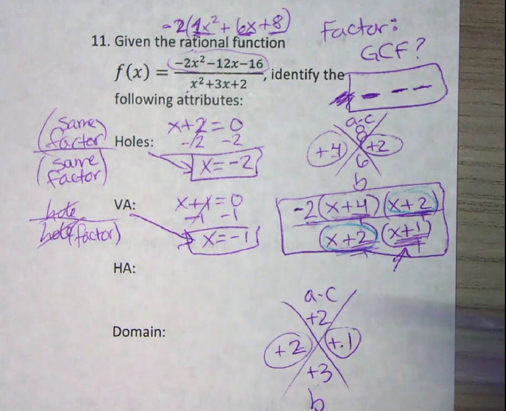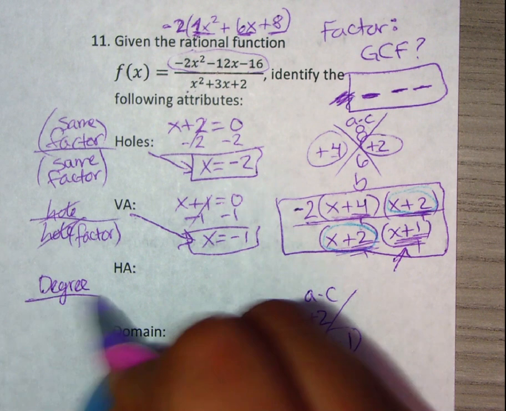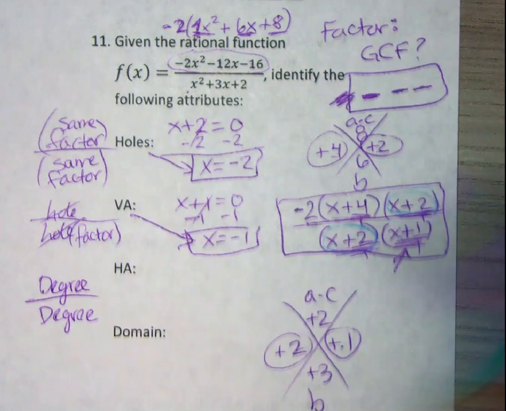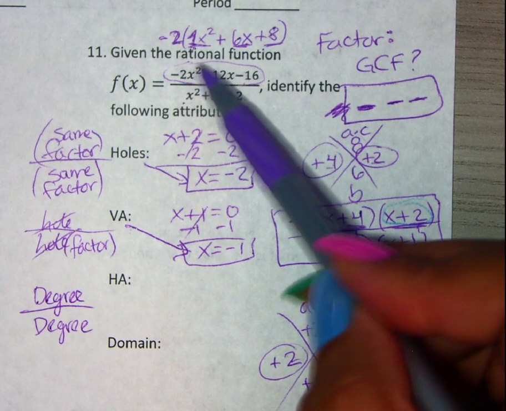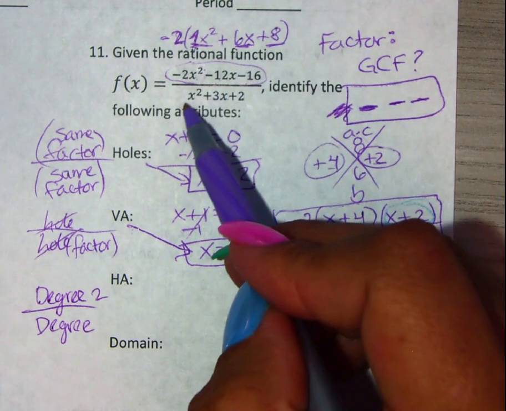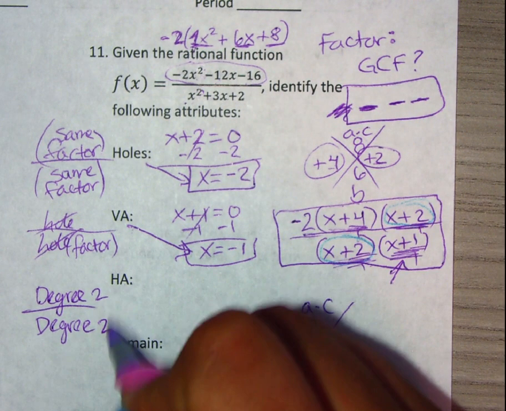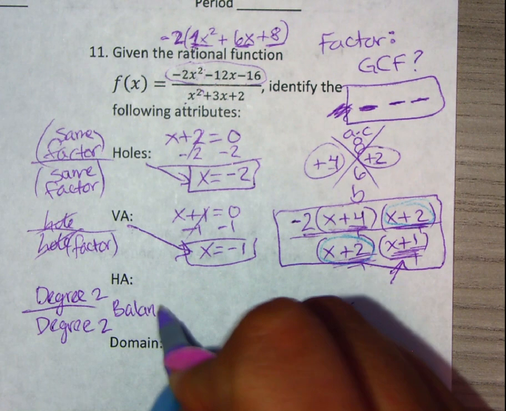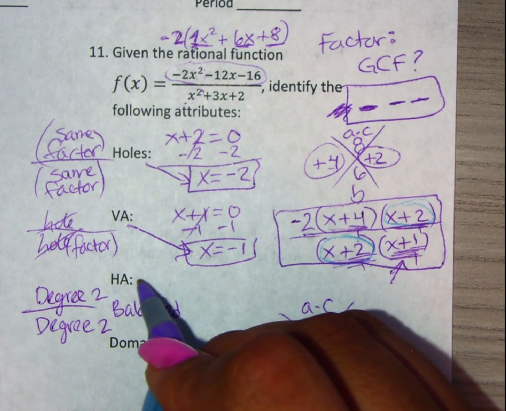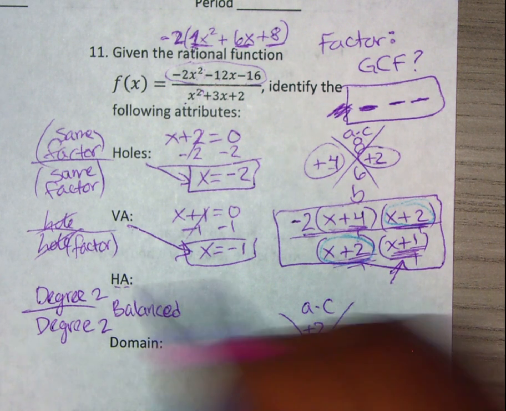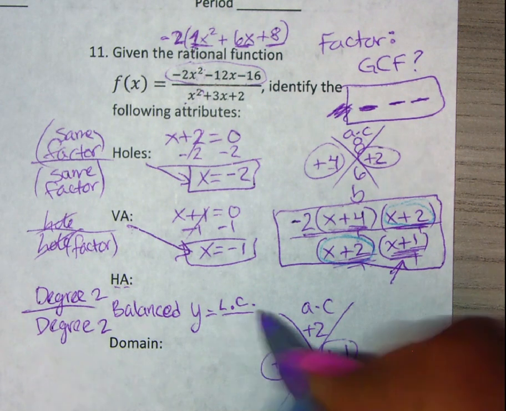For the horizontal asymptote, we need to look at the degree of the numerator and degree of the denominator. Here, the degree of the numerator is a 2 for that little tiny exponent, and the denominator also has a degree of 2. And this is what we called a balanced comparison. They're both the same. When this happens, we need to calculate the horizontal asymptote by having the leading coefficients on top of each other.